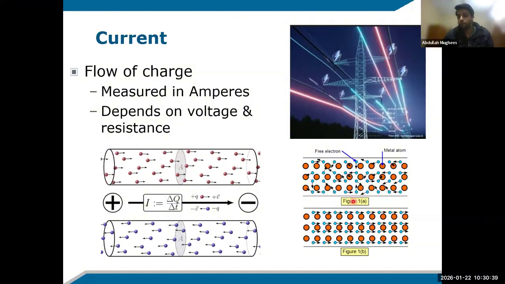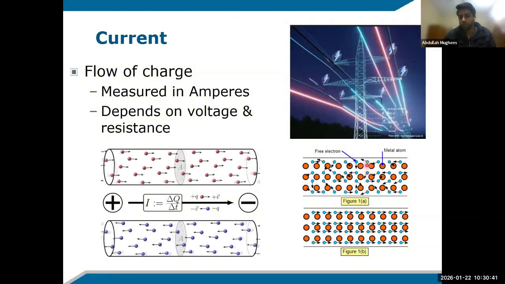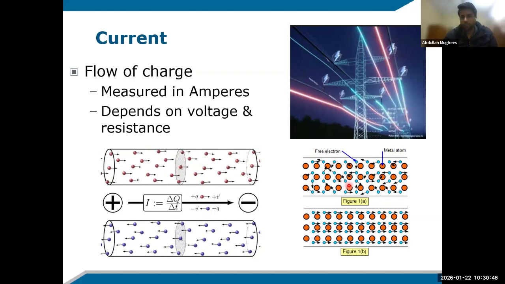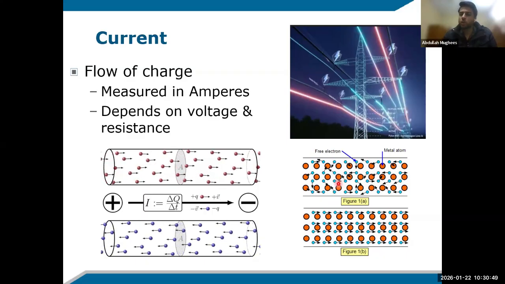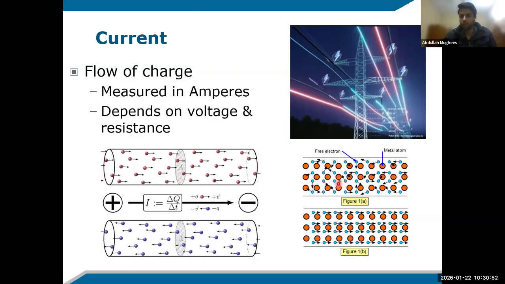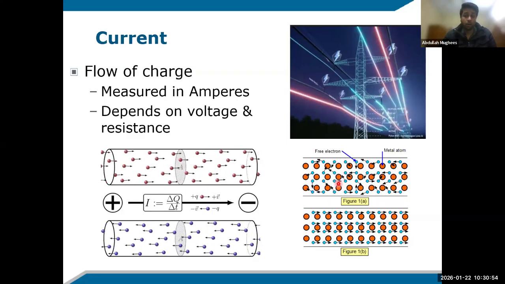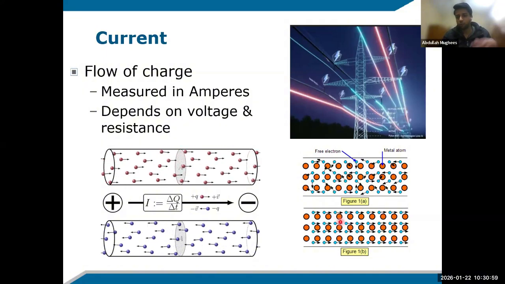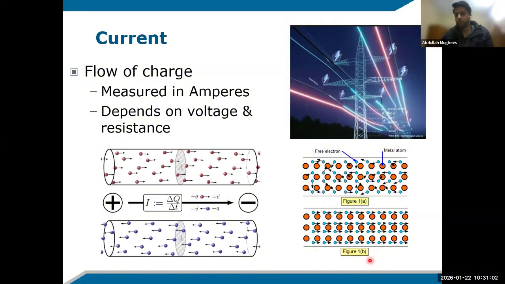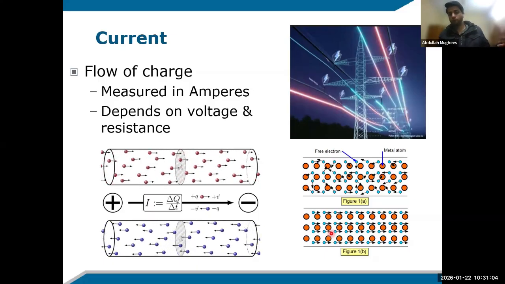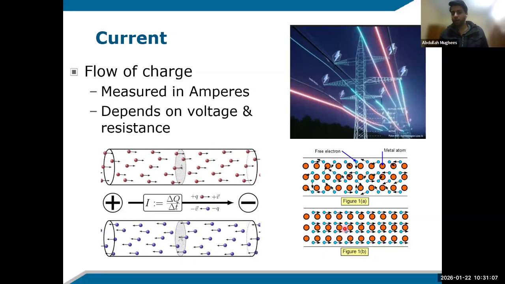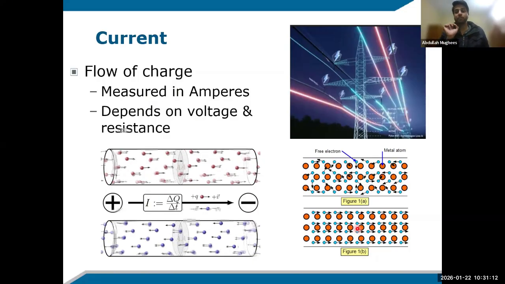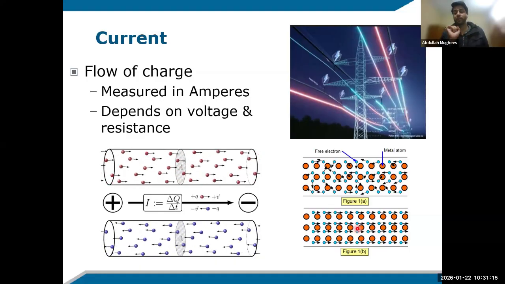For example, figure 1a represents these blue dots, which are the electrons. They are randomly moving here and there, so there is no current flowing. But if somehow all these blue charges rearrange themselves and start to flow, like shown in figure 1b, from left to right, then if you touch this wire, you'll get a small electric shock because now there is current there.